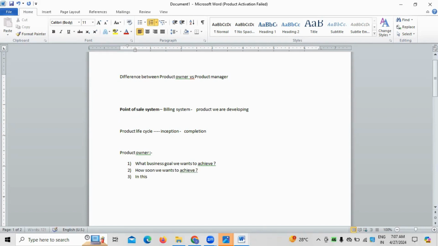In this process, for example, you are planning to develop some POS system.